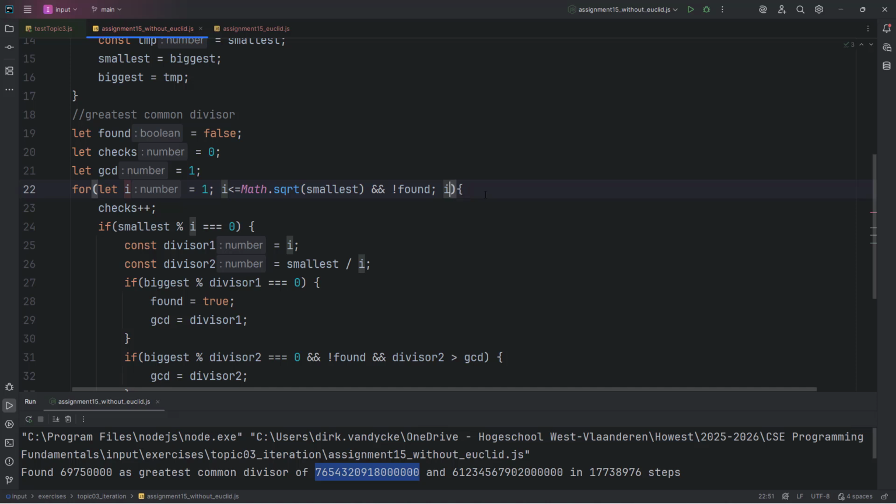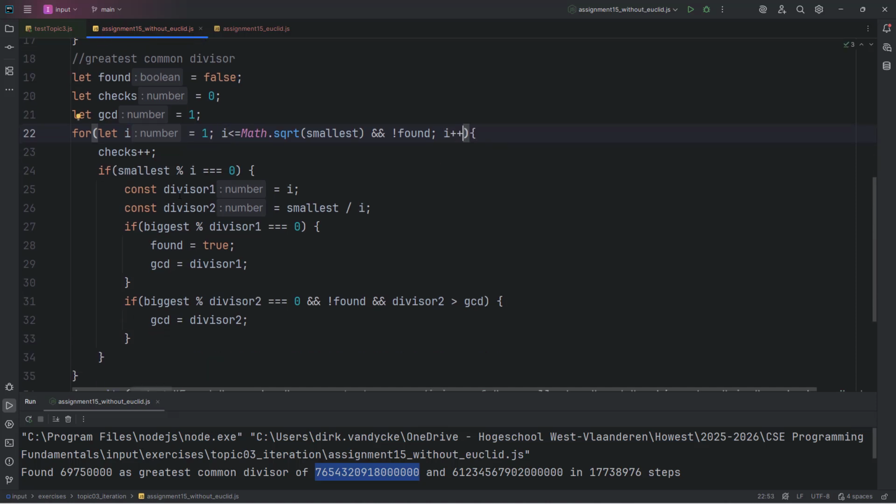This has to be incremented. And then I can basically do the same thing. But of course I have to change these two. Because now my first divisor, let's give them better names.